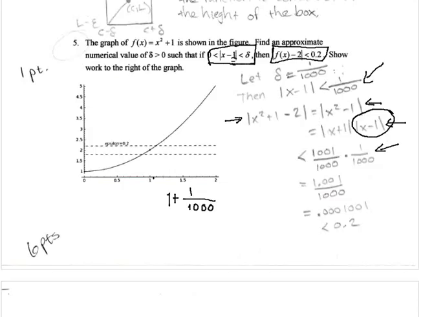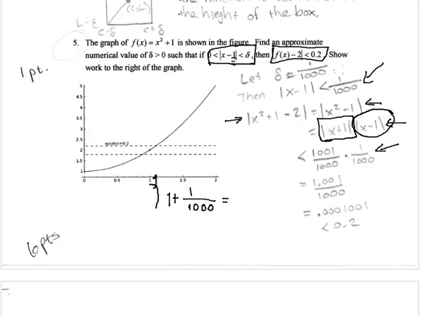That's the largest that we can go to the right, and even this is too big on this scale, but I just chose it arbitrarily. So x plus 1 can be no greater than 1001 over 1000. Because we chose delta as 1 over 1000, the absolute value of x plus 1 could be no greater than 1.001.